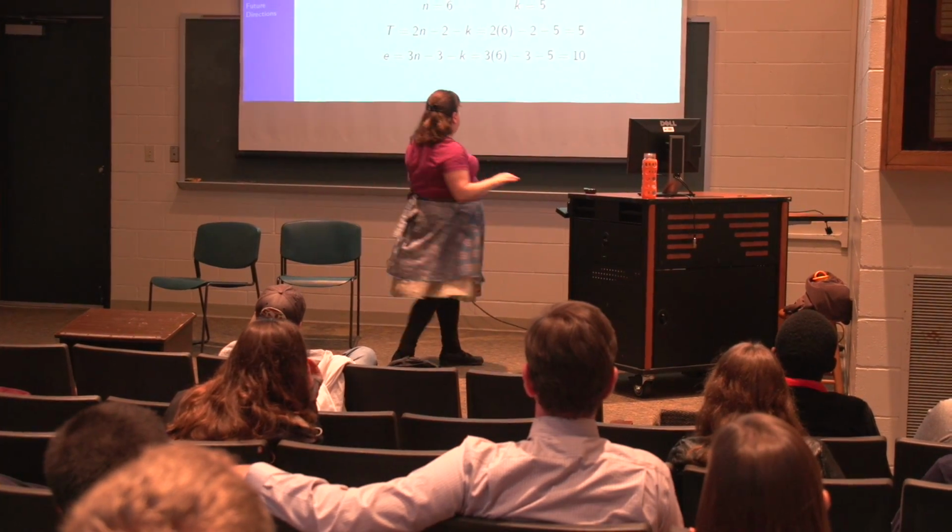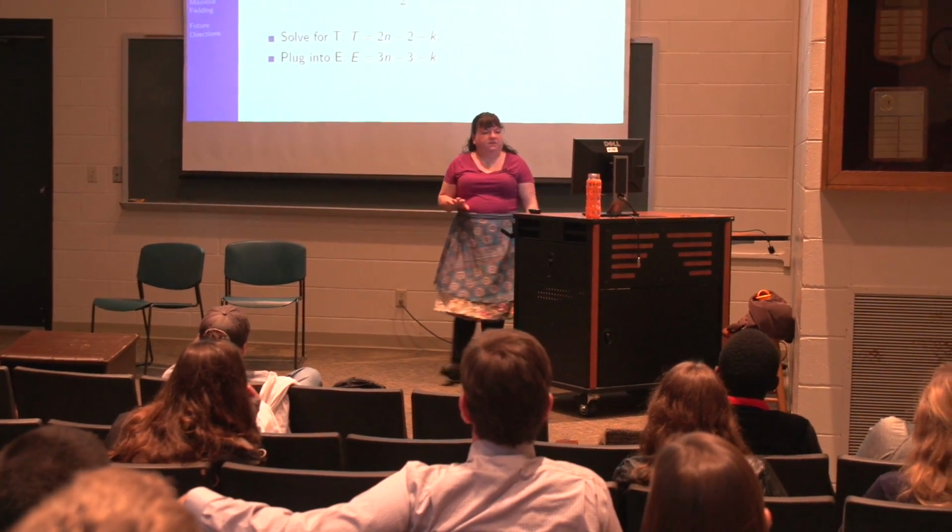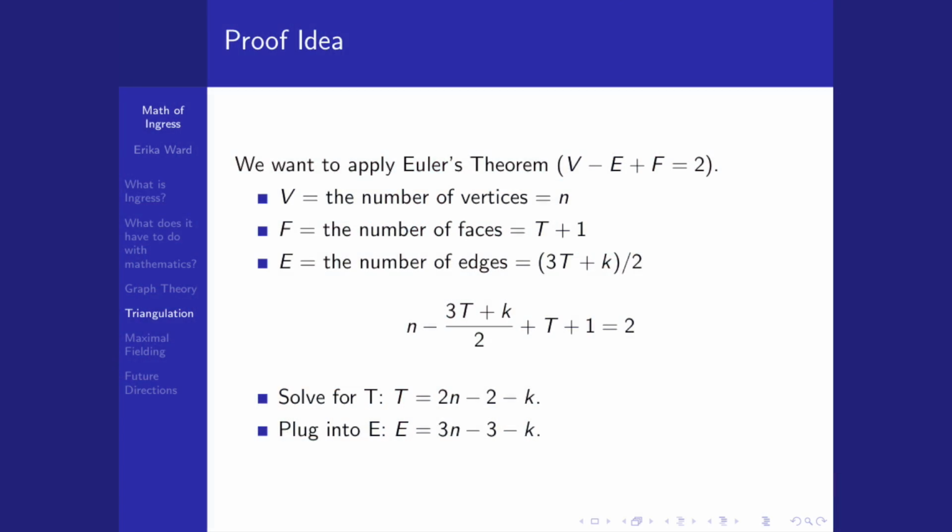Okay, so let's come back over to this and see if we can figure out what we did. If we look at 3 times the triangles plus k, well, k is the number of points on the convex hull. If there are 5 points on the convex hull, how many edges are on the convex hull? 5, right? If you've got 5 points, it takes 5 edges to connect them up.